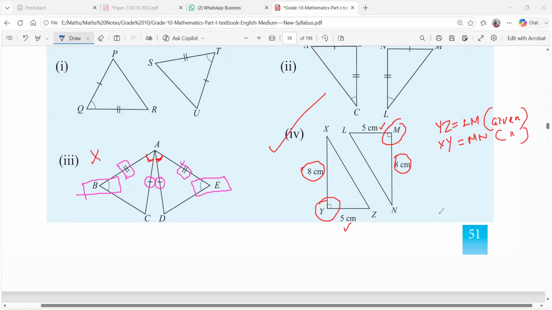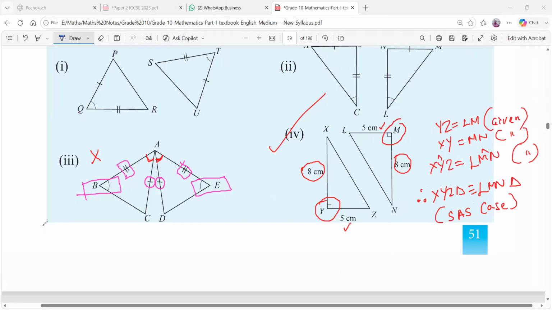And angle XYZ equals angle LMN, also given. So triangle XYZ is congruent to triangle LMN. What is the case? SAS case, side angle side case. Is that clear? You can write it if you want.